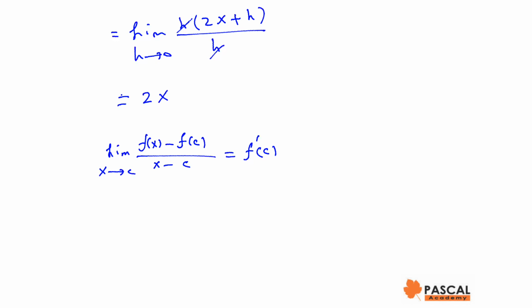It is the instantaneous rate of change of f of x at x equals c, and geometrically is the slope of the tangent line to the graph of y equals f of x at x equals c. The limit of f of x plus h minus f of x over h as h approaches 0 is called the derivative of f of x, and it's denoted by f prime of x.